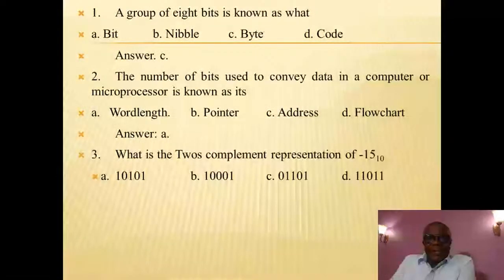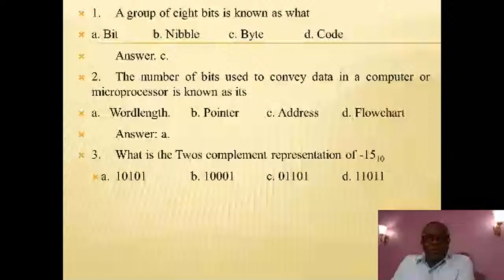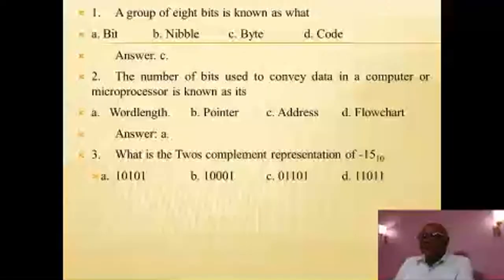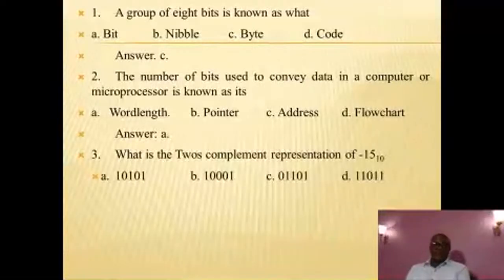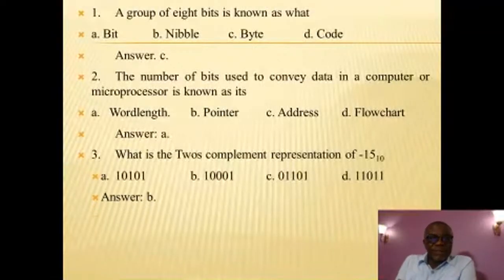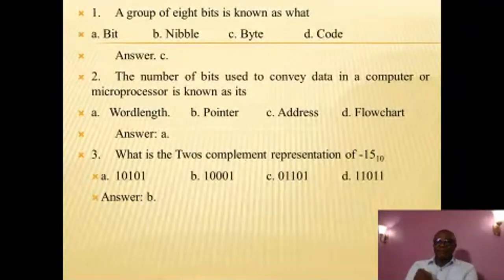The options are A, 10101, B, 01, C, 01101, D, 11011. Our answer is B. So how did we arrive at B?